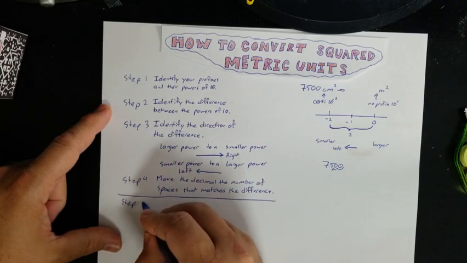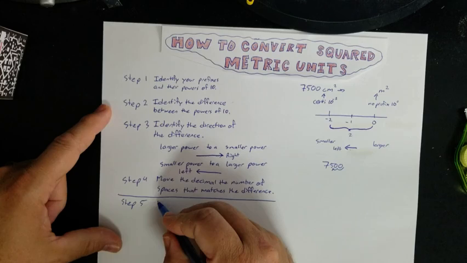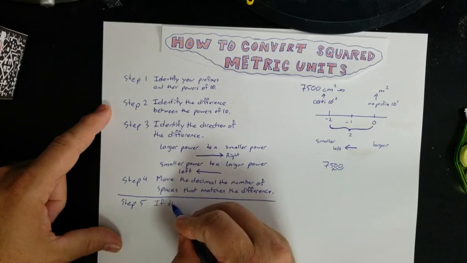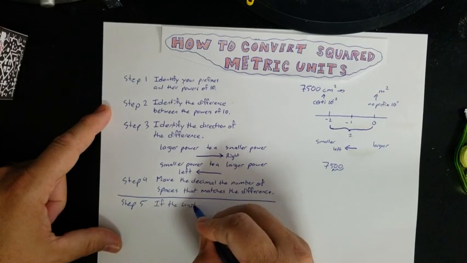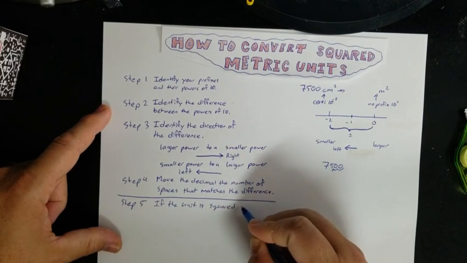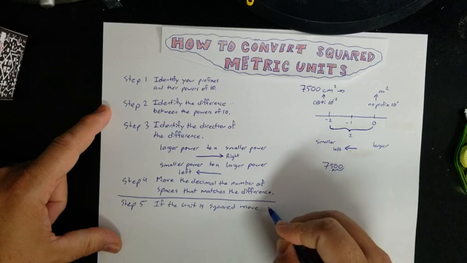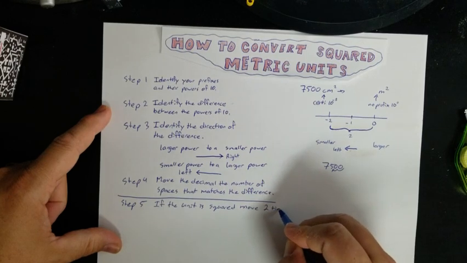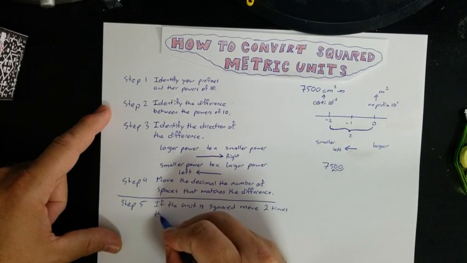But step 5 is, if the unit is squared, move 2 times the difference.